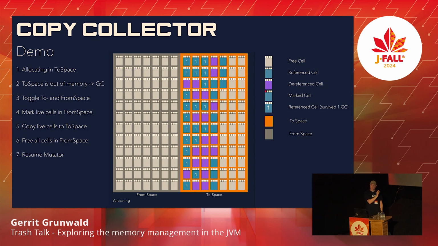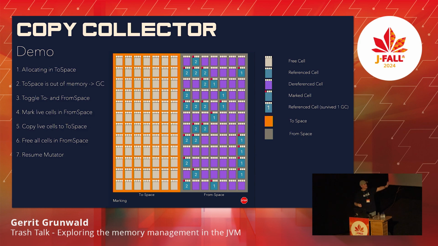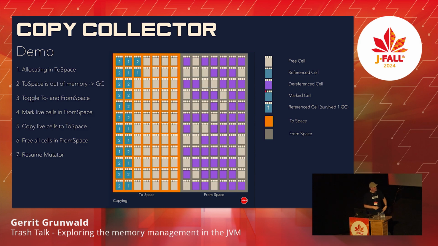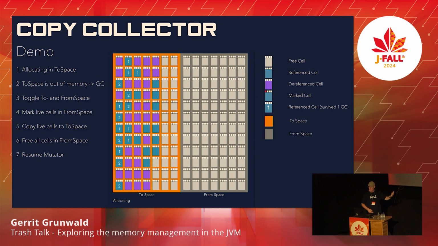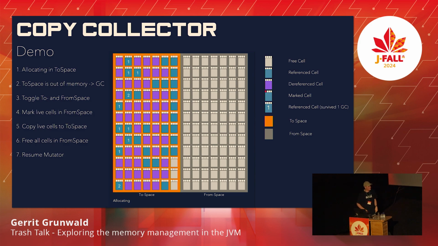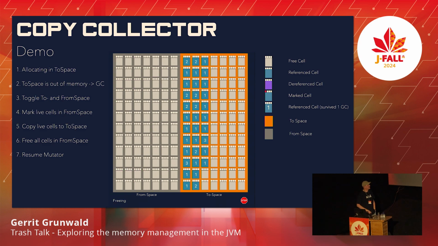That means this is automatically compacting, which is the big advantage here. So we don't need headspace in the area itself. We toggle again, you see. And that means we always can allocate fast. It's always compacting, and we only move the live objects, okay? Okay, one more time. Okay, that's it.